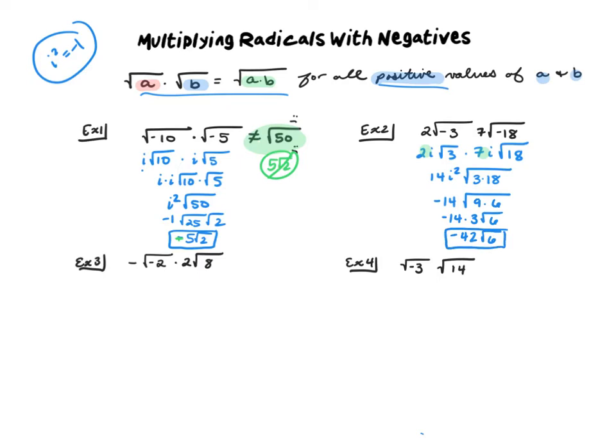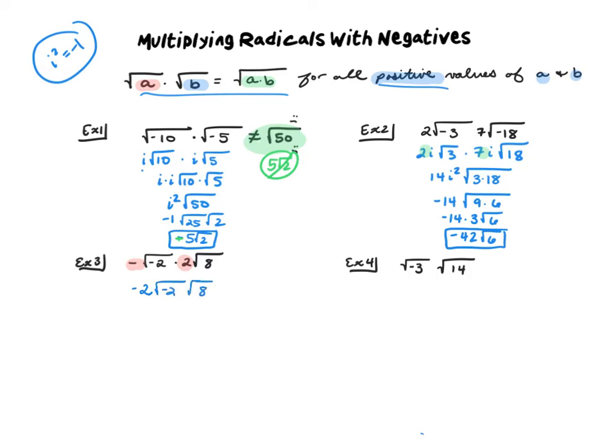Okay, let's keep going, just to see all the different types that we might come upon. All right, next one. I'll deal with these coefficients first. There's always multiple ways to do these, but I'm going to multiply that negative and that 2 together and just get negative 2. I'll show my steps.